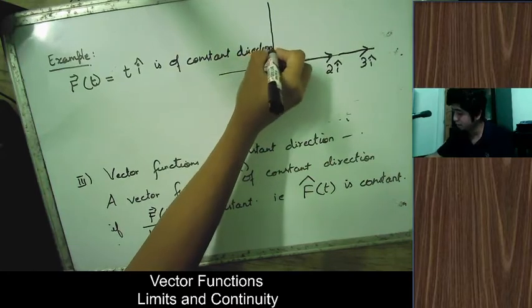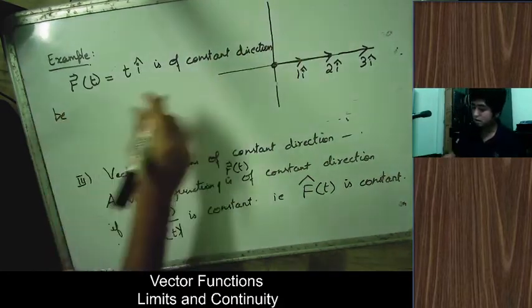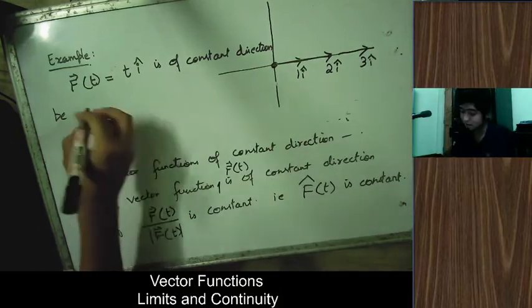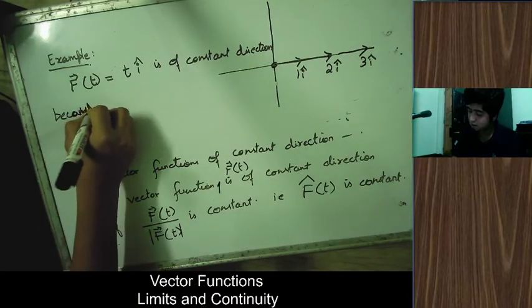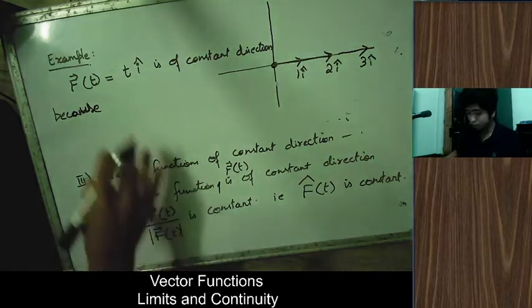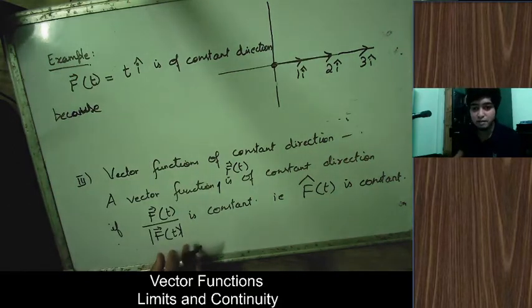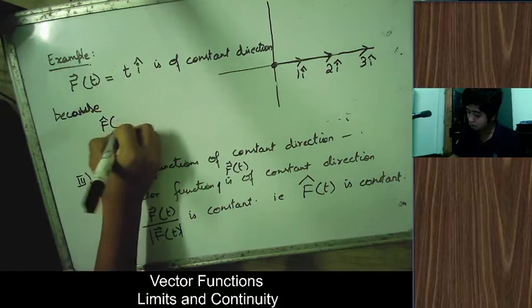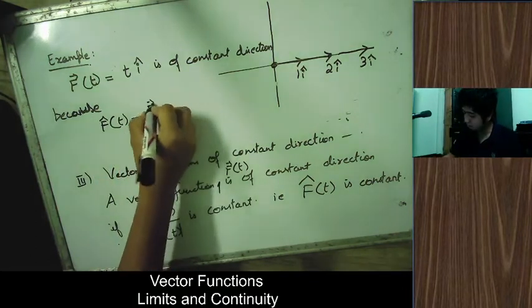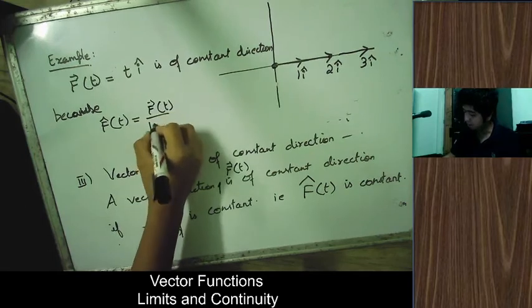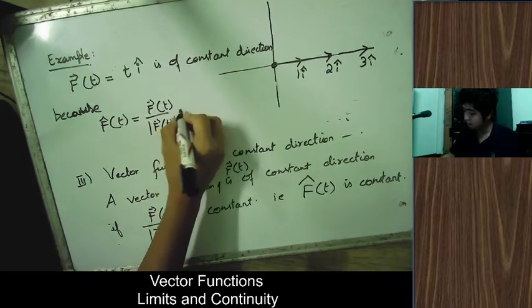But if you have to prove it, again from the graph it looks clear, but if you want to prove it, then we will have to use this definition, because f cap t is equal to f(t) divided by magnitude of f(t).